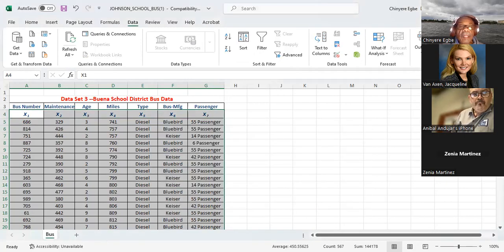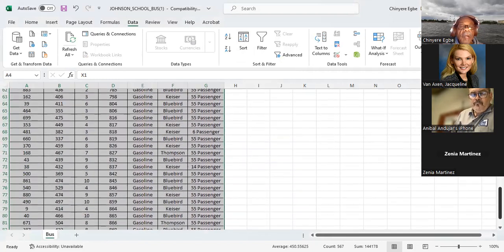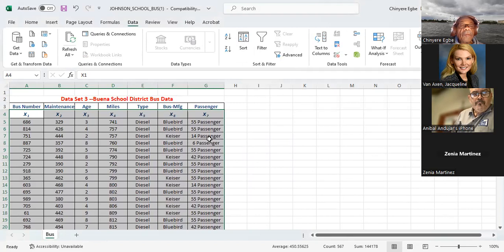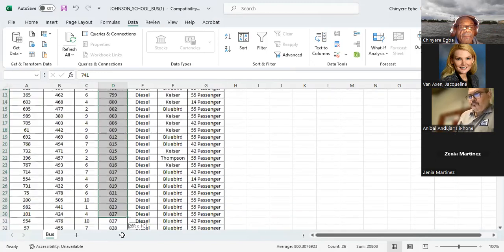Okay, I have sorted the data according to fuel type. So how would you do this assignment? You have to do this assignment by looking at, say, the number of miles. Let us compare the mileage according to fuel type. So I'm going to copy this.